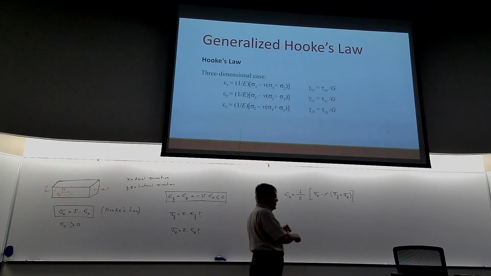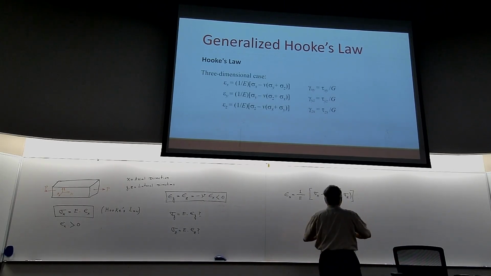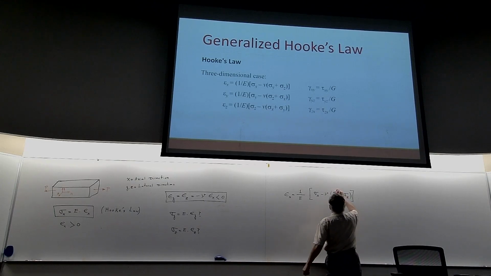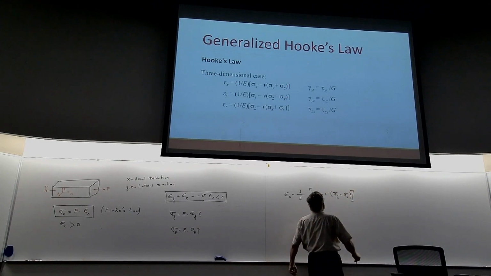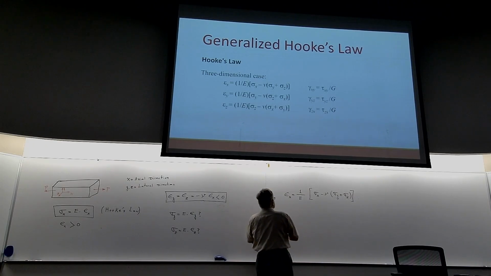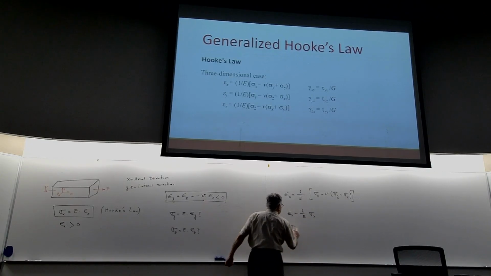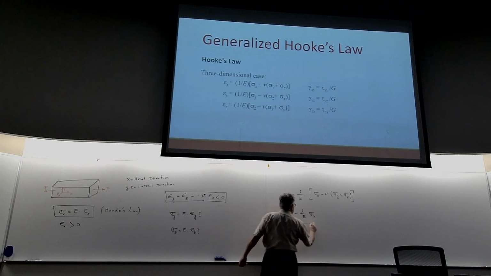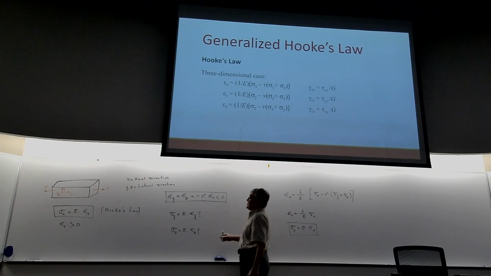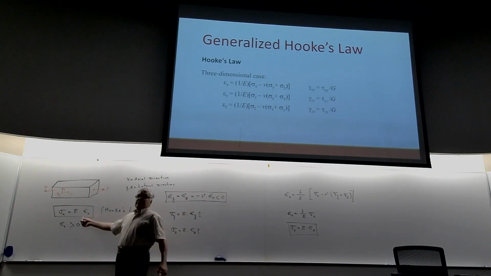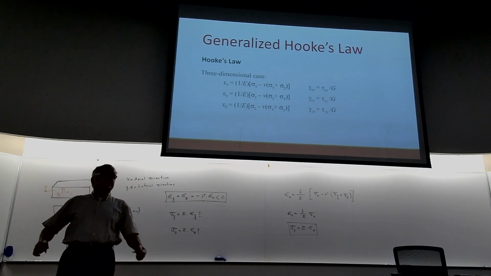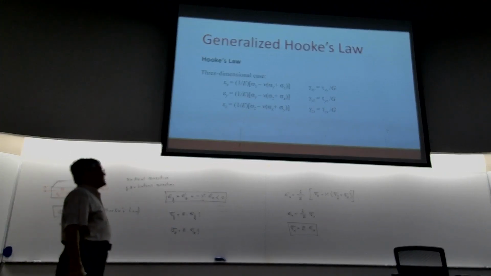So if I cross out this and this, then this becomes epsilon x is 1 divided by E times sigma x, which is a simple Hooke's law that we have here. So obviously that equation does work in the x direction.